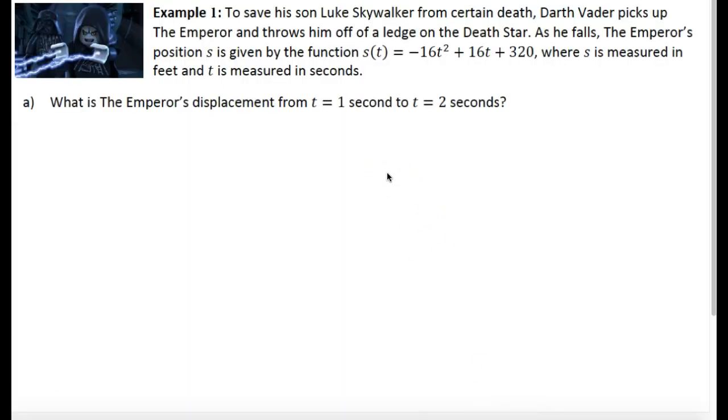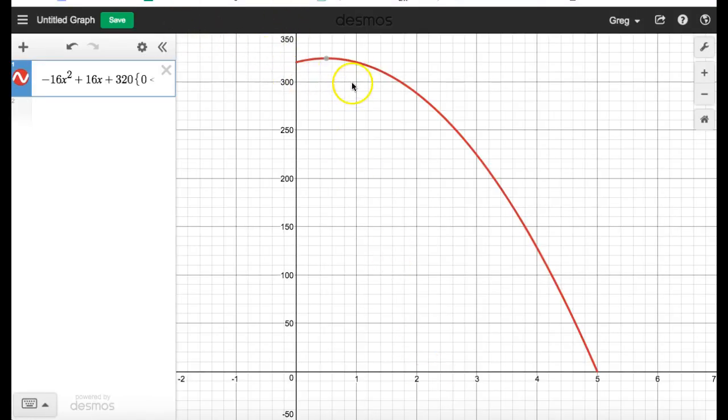So first, we want to know the Emperor's displacement from t equals 1 to t equals 2. So what we need to find is s of 2 and s of 1. Right? So if I plug 2 into this function, actually, we could do this by hand or on the calculator, but let me just go to the graph here.